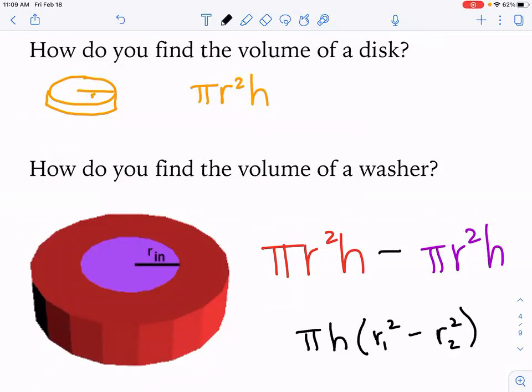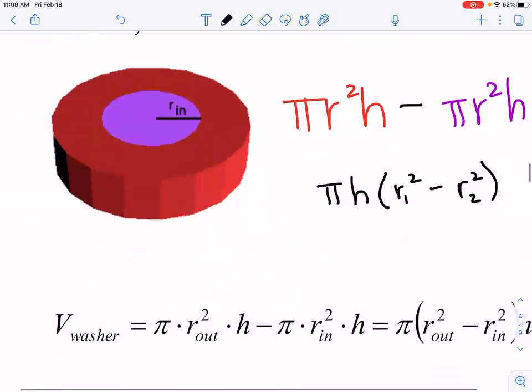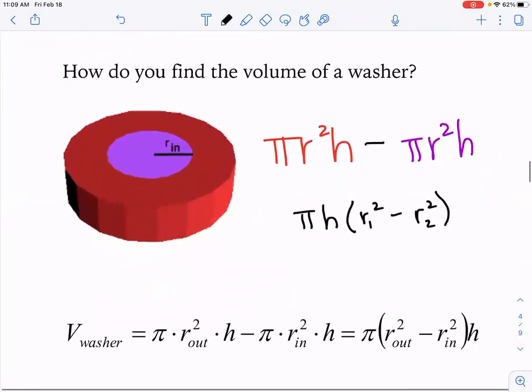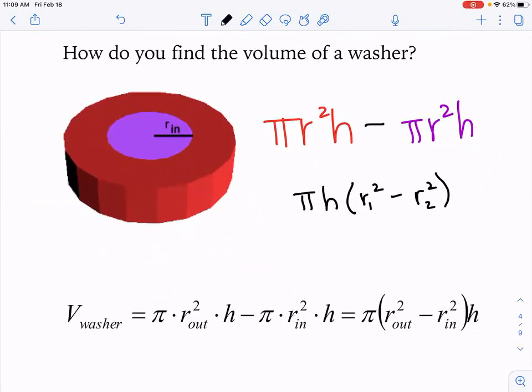Okay. So basically what's happening is the volume of our washer is pi times h times the radius squared of our outer circle minus radius squared of our inner circle, right?